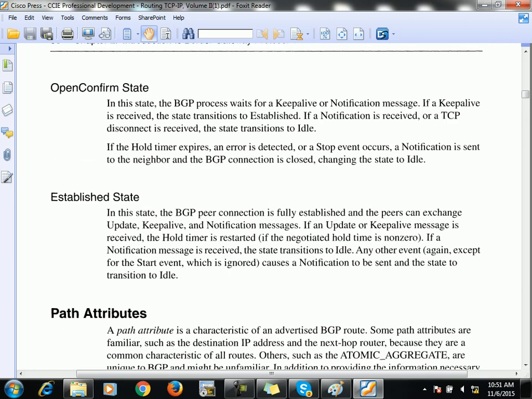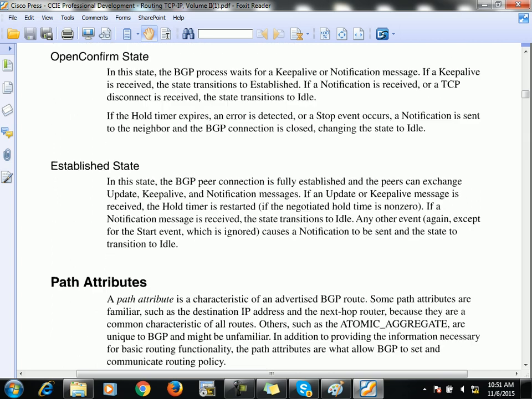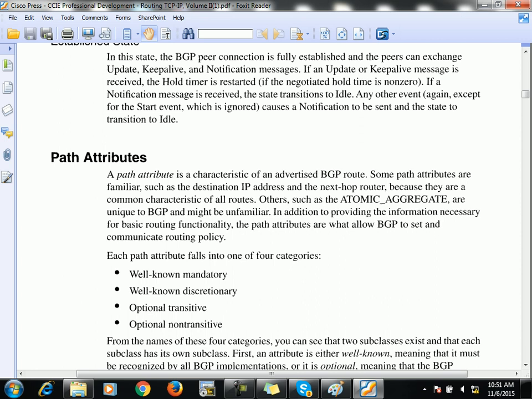Once it receives keep alive message, it will move into established state. This is called FSM, right?